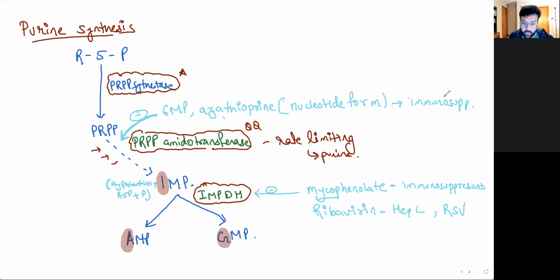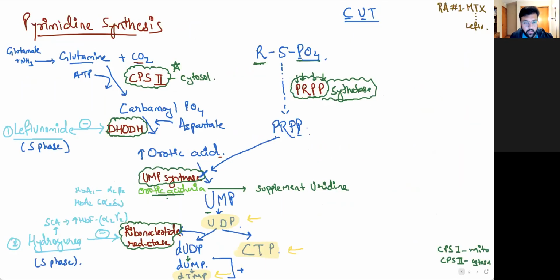Okay, so these are all drugs, and this is the pathway. Now, what I want you to focus on, we made purines here: inosine, adenosine, guanosine. Let's say we are using those in the formation of DNA. So you made AMP, GMP here, and then you made UDP, CTP, TMP here.